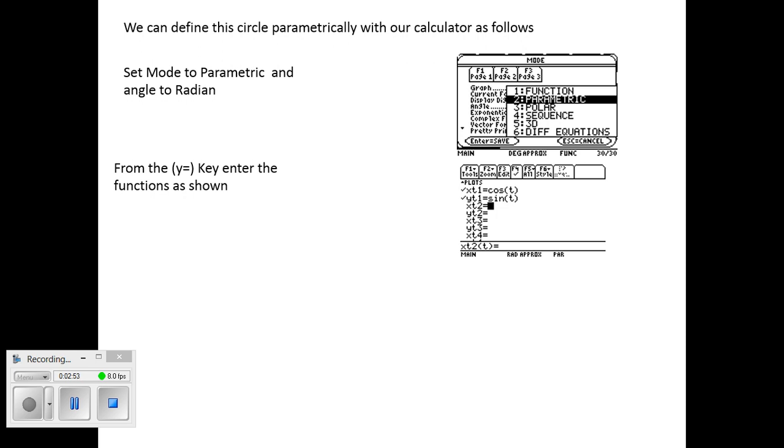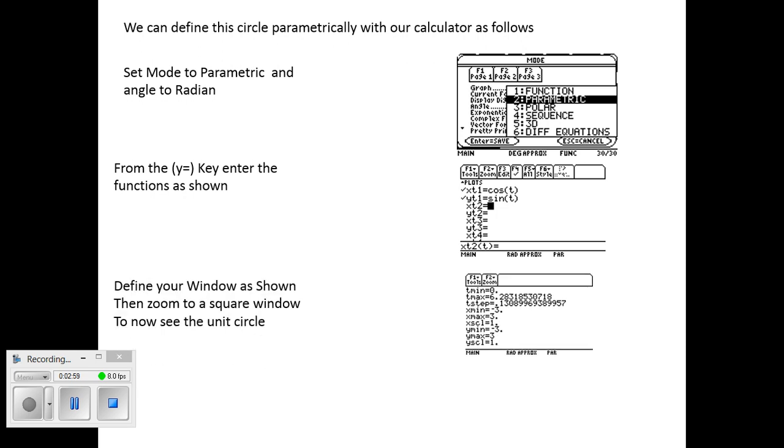And then I have to watch my steps, my window settings. What you can control now in the window settings are the parameter t: where you start, where you end, and with what frequency you want this to appear.